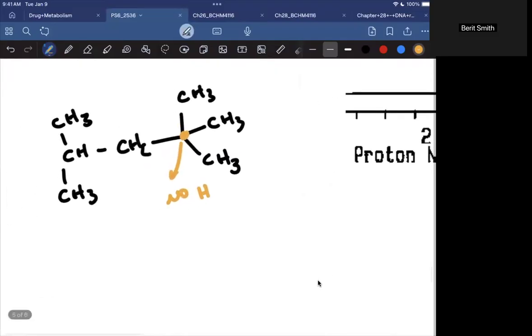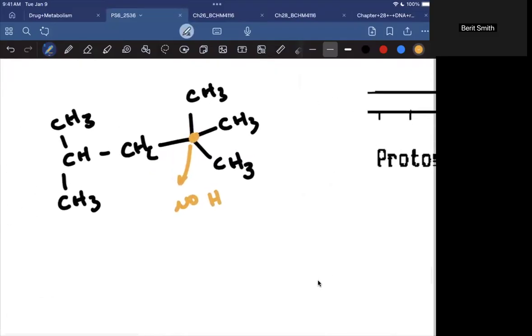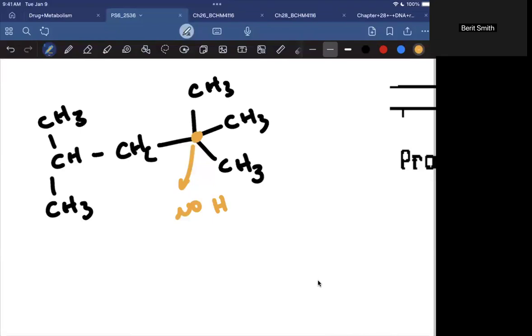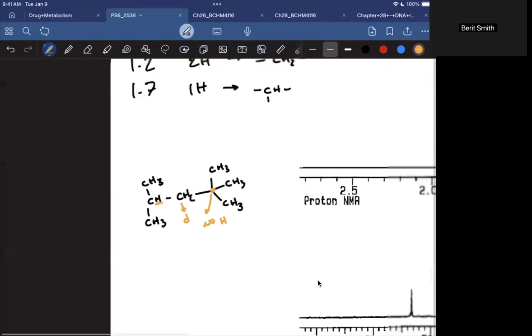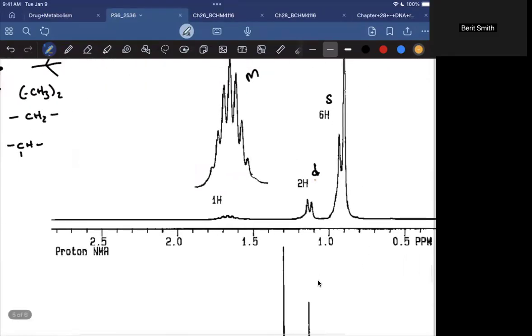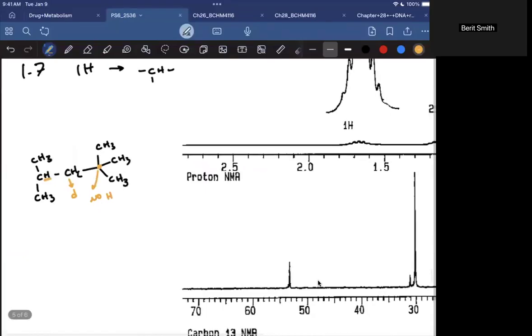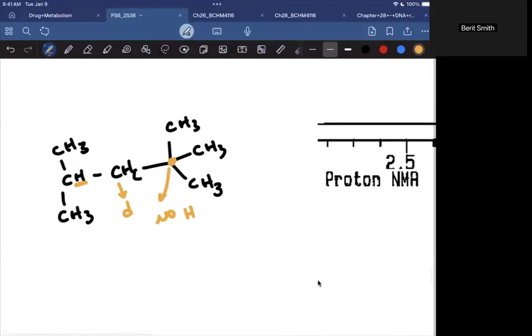That works out. This right here is neighboring to a carbon with 1 hydrogen. So this is going to be a doublet, which does match up to our doublet. And then we've got this one neighboring 6, 7, 8 hydrogens. So this is going to be our multiplet.